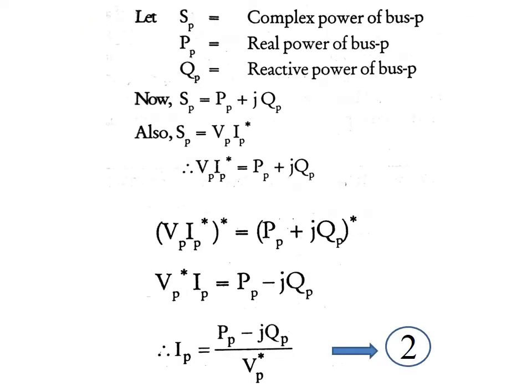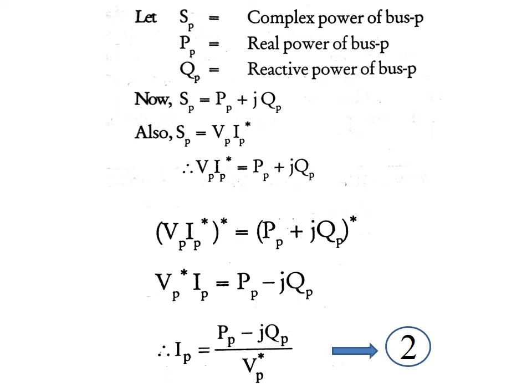Now let Sp, Pp, Qp be the complex power, real power and reactive power of the bus number p. Therefore I can write Sp equal to Pp plus jQp. Also the power in terms of voltage and current, we can represent as Sp equal to Vp into Ip conjugate.